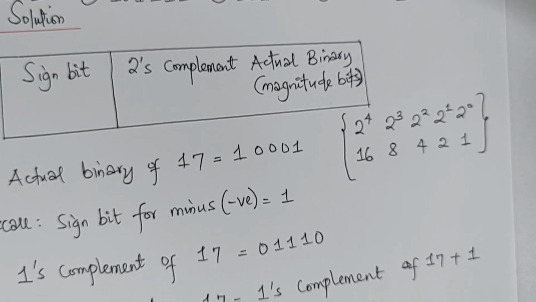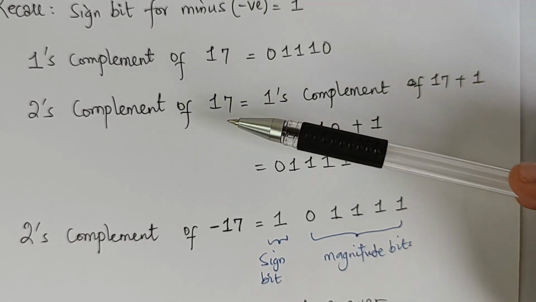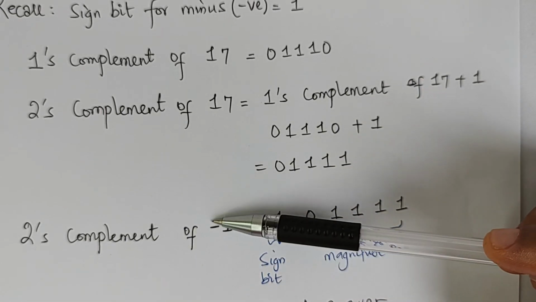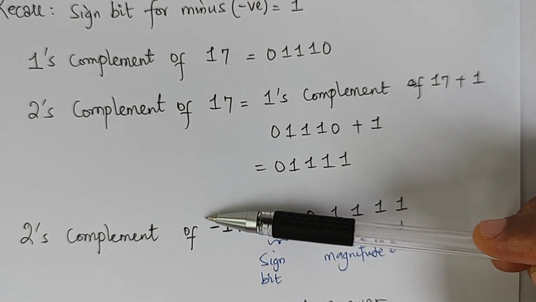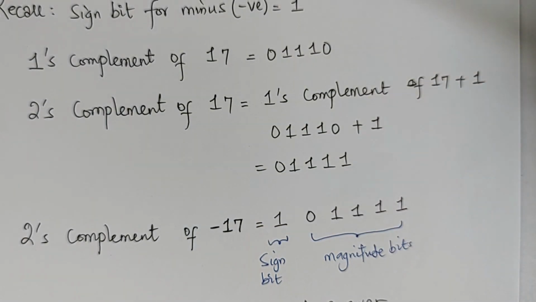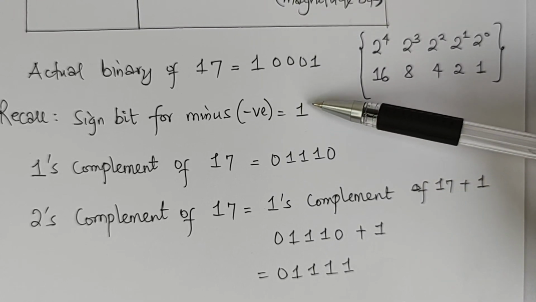So for minus 17, we are just coming here to introduce now the sign. If 17 has given us 01111, now we are looking for minus 17. So we are really looking out for this sign. We will make a recall that the sign bit for minus is going to be 1.